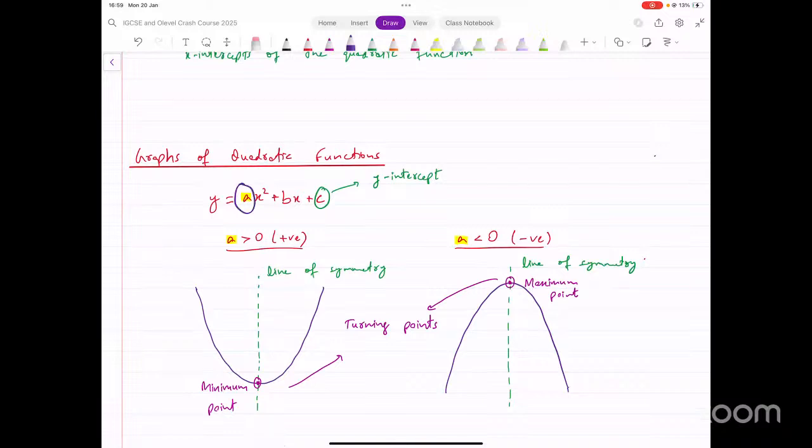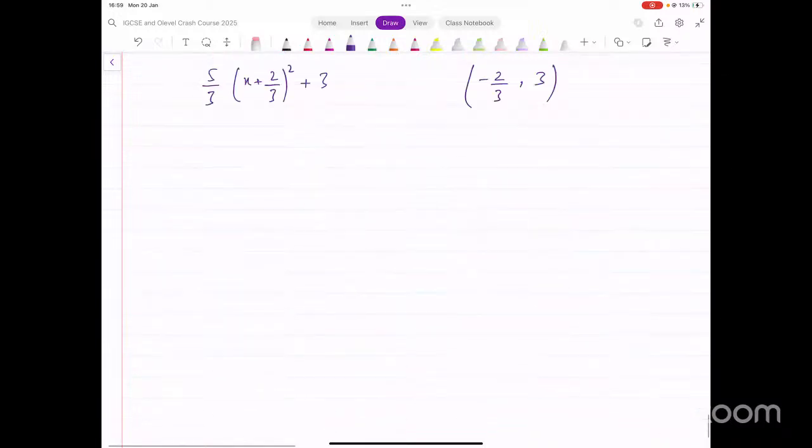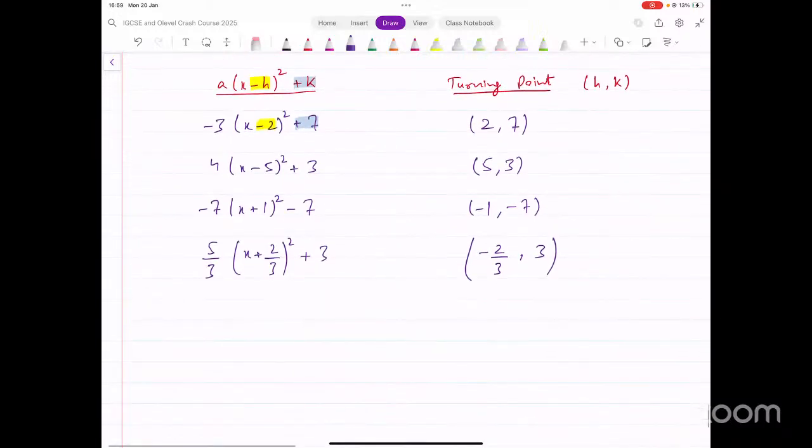If it's an N-shaped curve, the coefficient of x squared is negative. So this number a is what decides which of these two forms it is going to be. So if you have a negative sign outside, what does that mean? It's a shape like this, right? That means this is a maximum point.